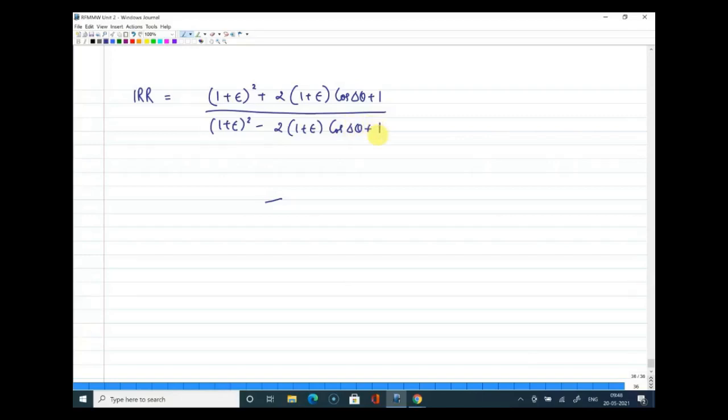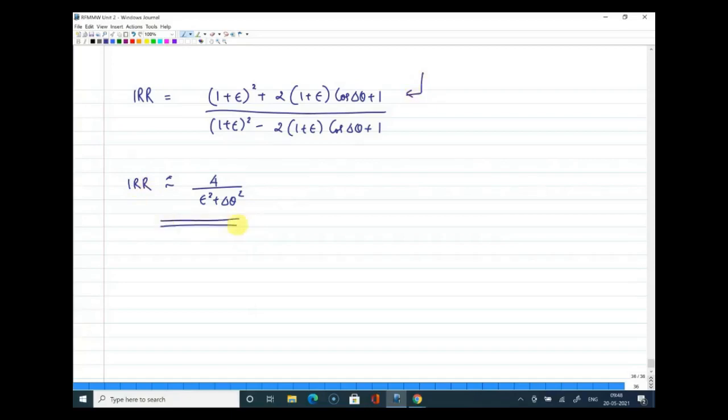You can further simplify this by giving suitable assumptions, by considering delta theta is very small, and giving suitable approximations. Finally we will see that this can be approximated to a very small value like 4 divided by epsilon square plus delta theta square. This is the expression we are getting.